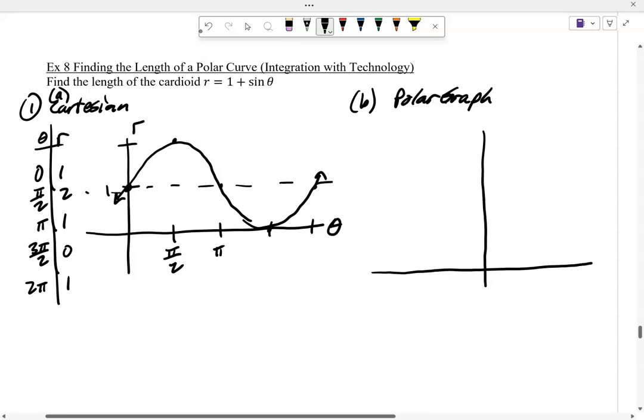Theta is 0, I'm going out 1. Here's my point, r is 1, theta is 0. Maybe you want to do pi over 6 or something.